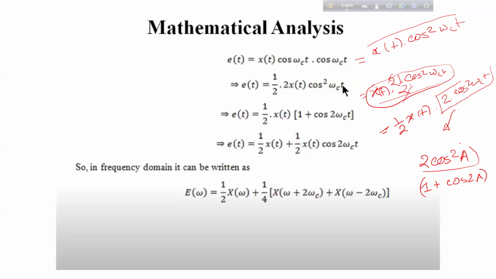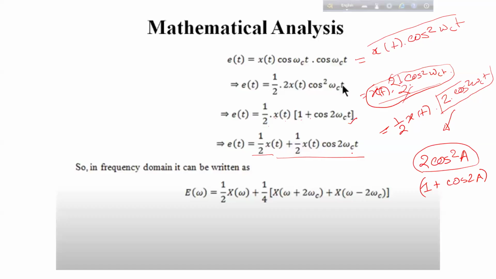Okay. So instead of 2 cos square omega ct, we are writing 1 plus cos 2 omega ct. So if you multiply, it is half into xt into 1 plus half into xt into cos 2 omega ct. So we can get this.